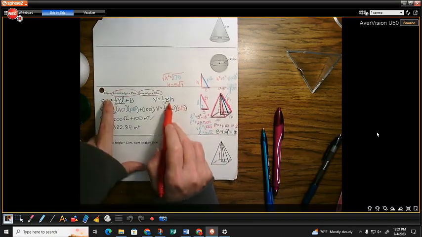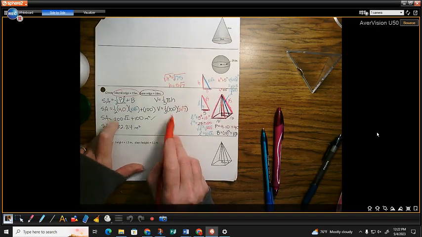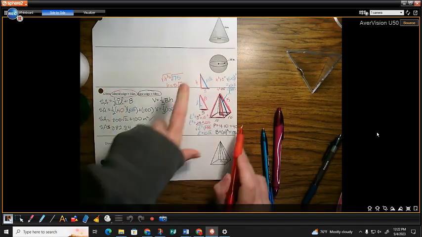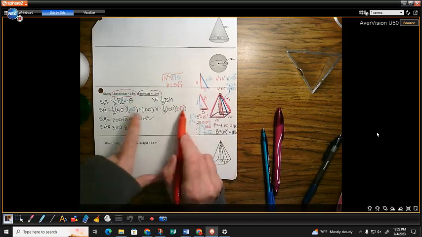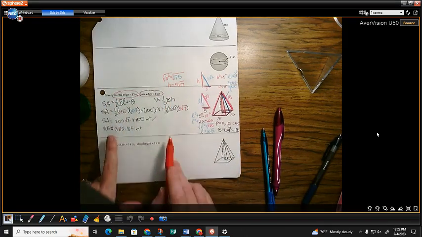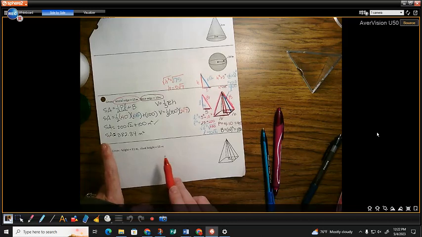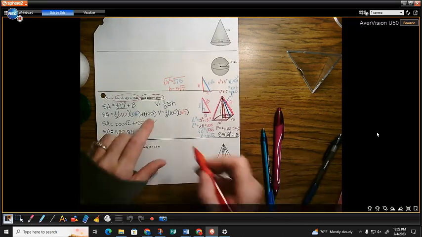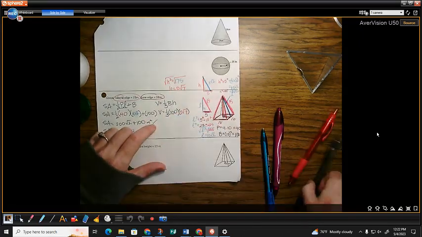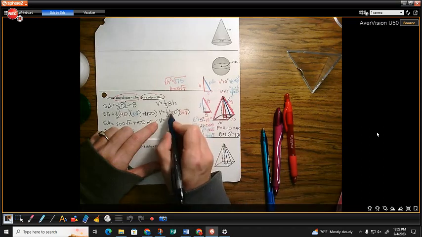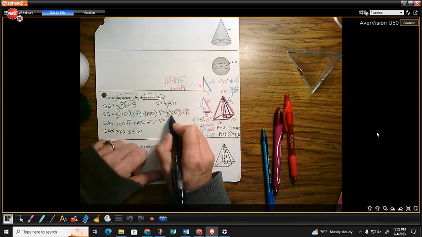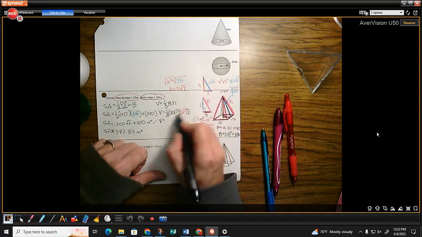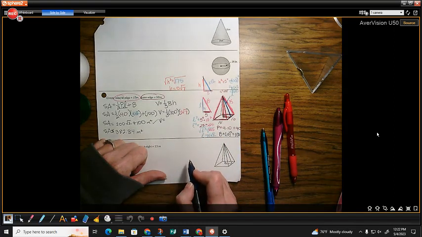You see how everything is all here, and any extra work I needed to do, I went out of the way so I could go back and have my algebra stay nice and tidy. Good strategy for next year and the year after. Okay? So now my volume is going to be, how do I multiply with this fraction? Because 100 doesn't divide by 3 and 5 doesn't divide by 3.